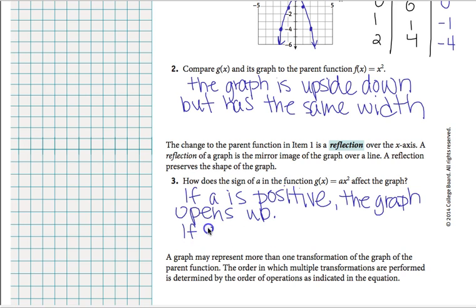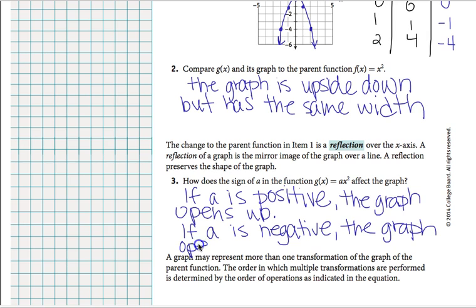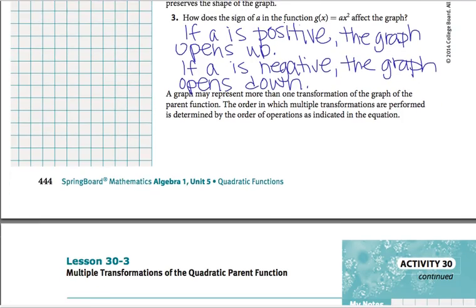If a is negative, the graph opens down. A graph may represent more than one transformation of the graph of the parent function. The order in which multiple transformations are performed is determined by the order of operations as indicated in the equation.